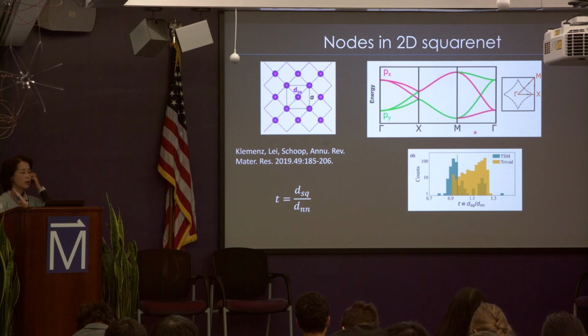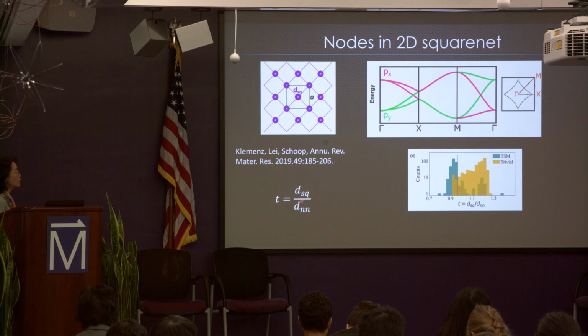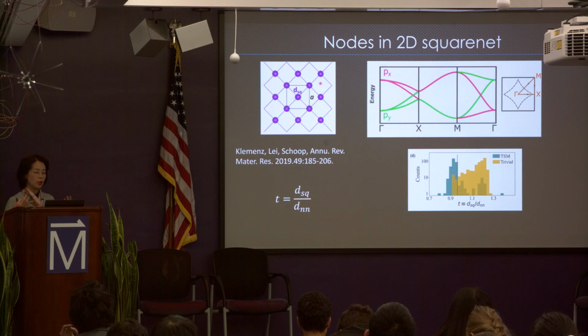So then she thought, my three-dimensional material, which has not just a square net but other elements, would resemble more the properties of a two-dimensional material if the distance scale within the square net is small compared to the distance out of the plane of the square net. It's a very reasonable structural insight.